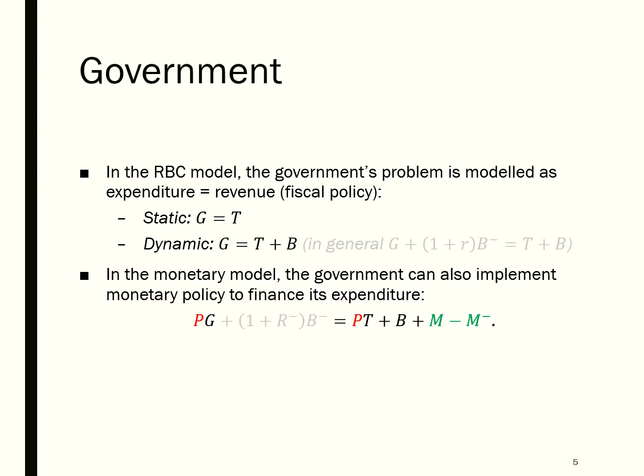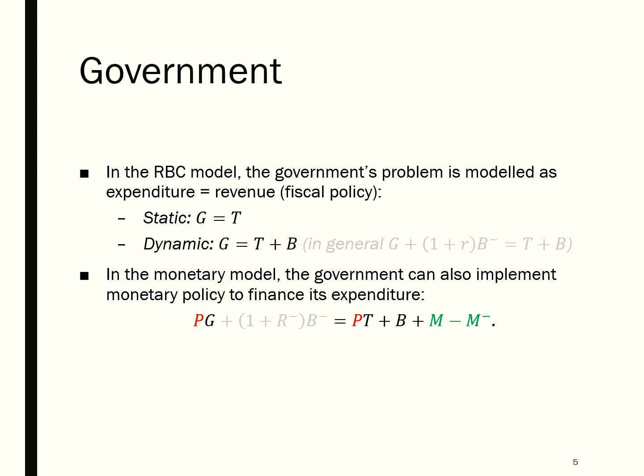In the monetary model, however, we have something more here because the monetary policy has to be considered. The government now can also finance its expenditure using the monetary policy. That means you can issue more money.